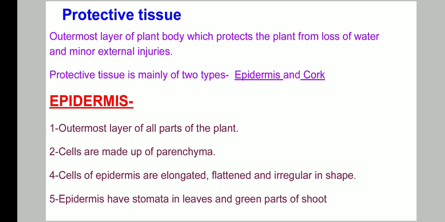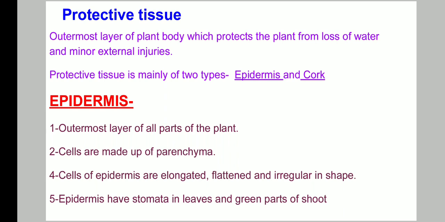The protective tissue is mainly of two types. The first one is epidermis and the other one is cork. The outer surface you see of the plant is the epidermis, if it is not cracked and brown or dark in color.